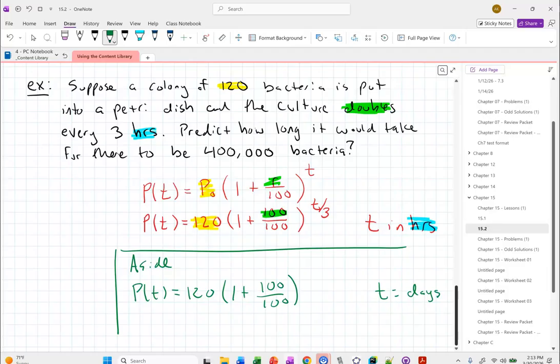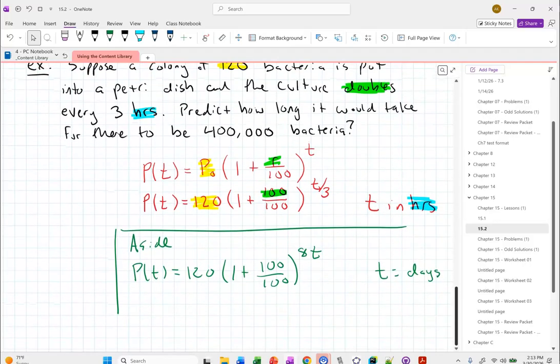There's 24 hours in a day. If it takes 3 hours to double, it'll have doubled 8 times in a day. So depending on the unit you choose for T, that exponent's going to look a little bit different.